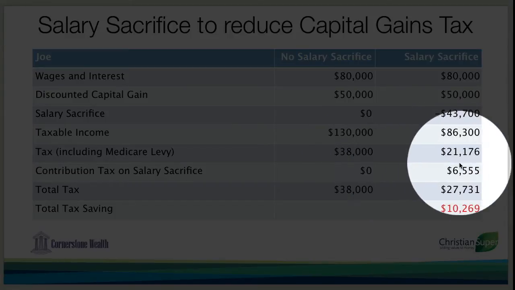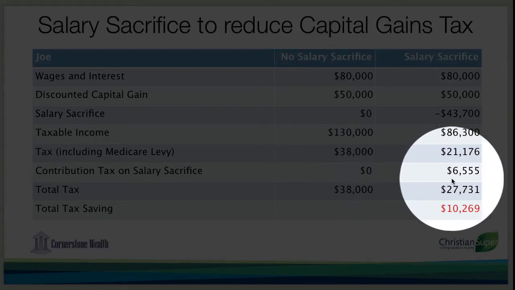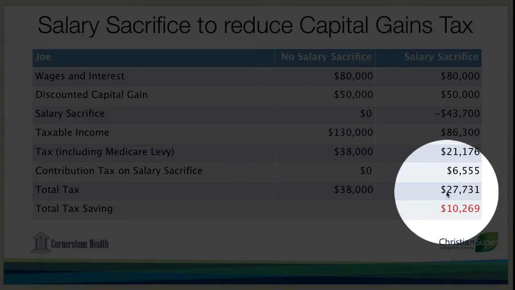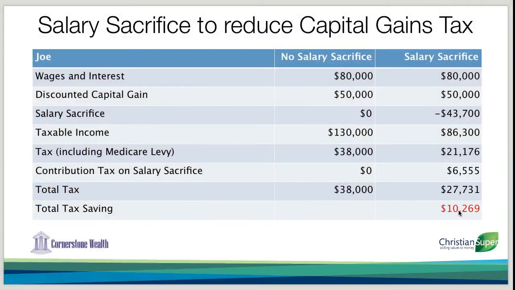His tax reduces from $38,000 to $21,176. He does pay some contributions tax that he didn't previously pay of $6,555. But his total tax now reduces to $27,731, or a total tax saving of just over $10,000.